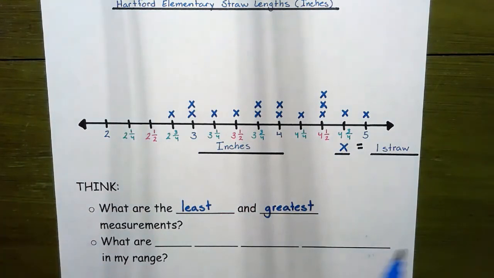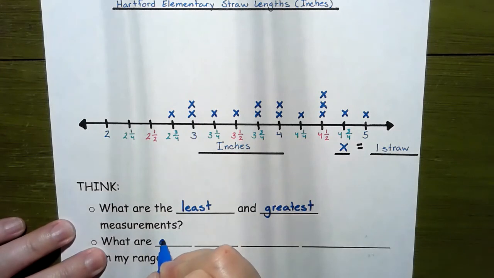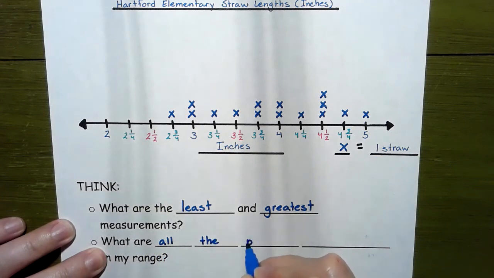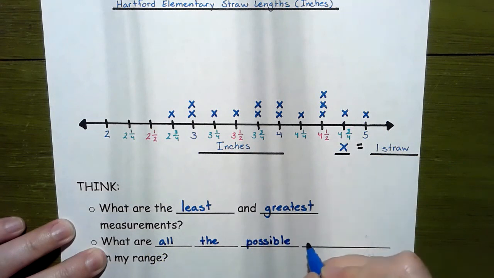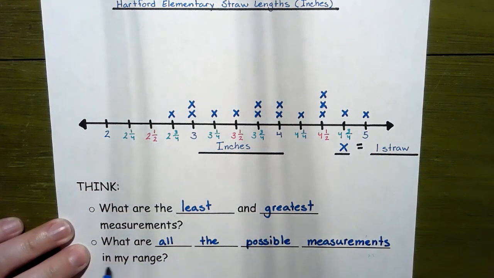We also need to think about, when creating our number line, what are all the possible measurements in my range.